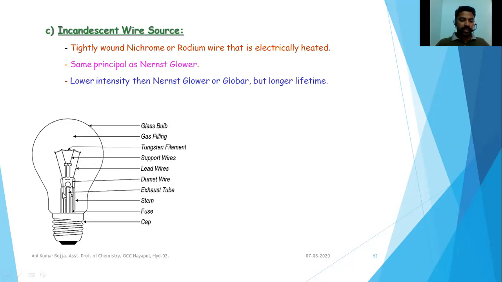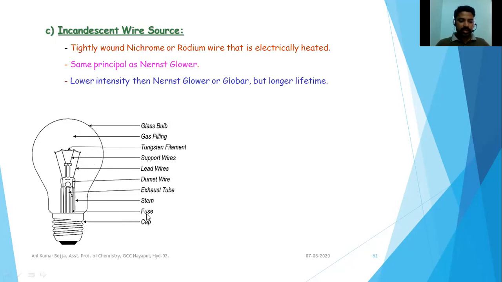Exhaust tube. The exhaust tube is used for the exhaust of excess energy. If it is not under control inside the equipment, then the excess energy will be exhausted back through this exhaust tube.